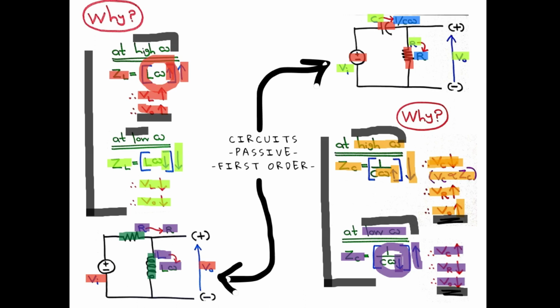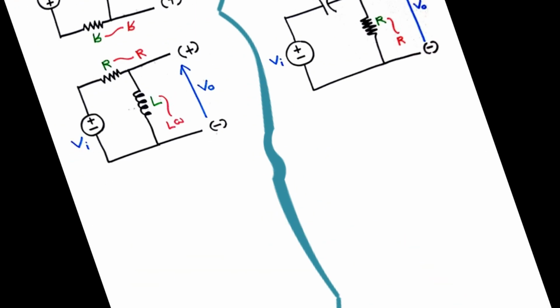And when the frequency of the input voltage waveform is low, the output terminal voltage of the circuit is attenuated. Okay? So we can come to the conclusion this circuit is working as an ideal high pass filter.